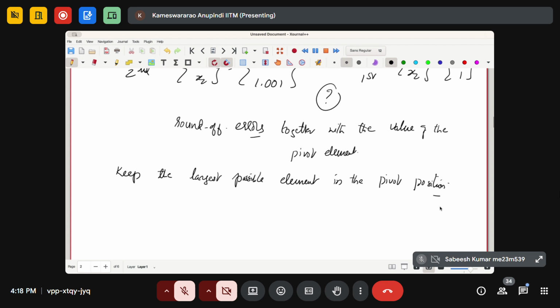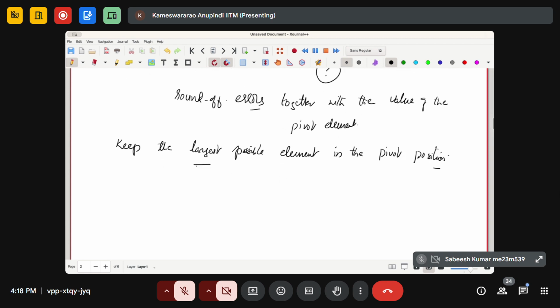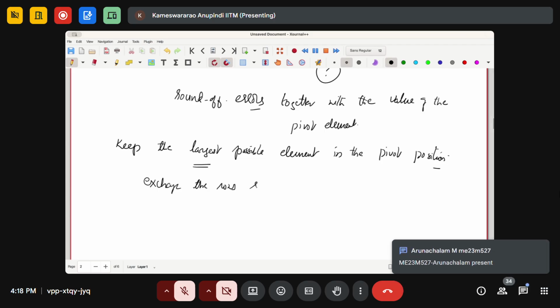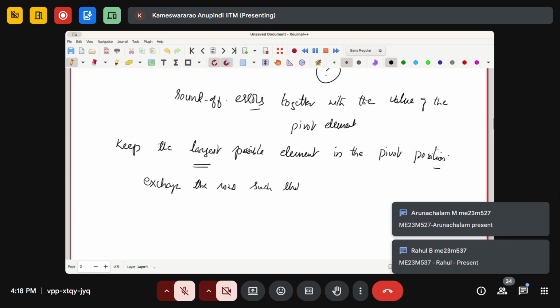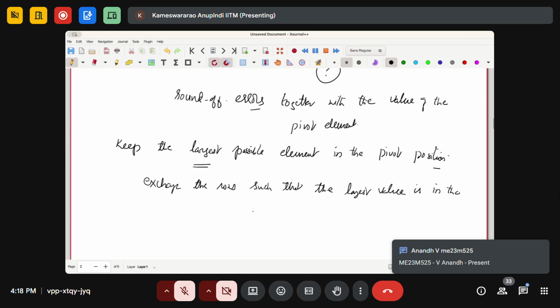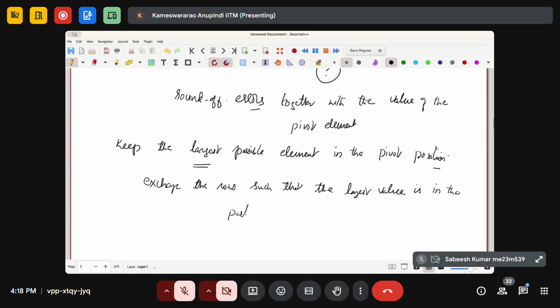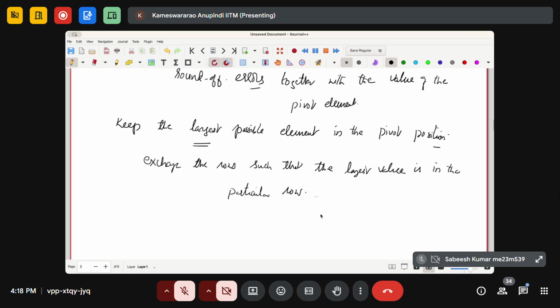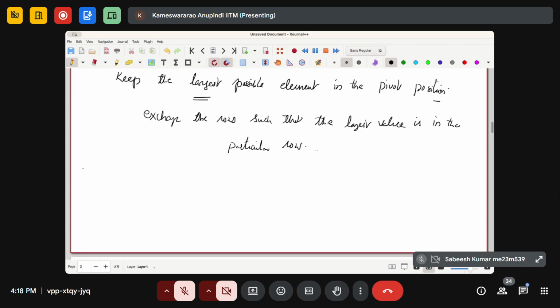That means, and for that we want to exchange the rows such that the largest value is in the particular row that we are considering. Okay, so this is basically known as partial pivoting.